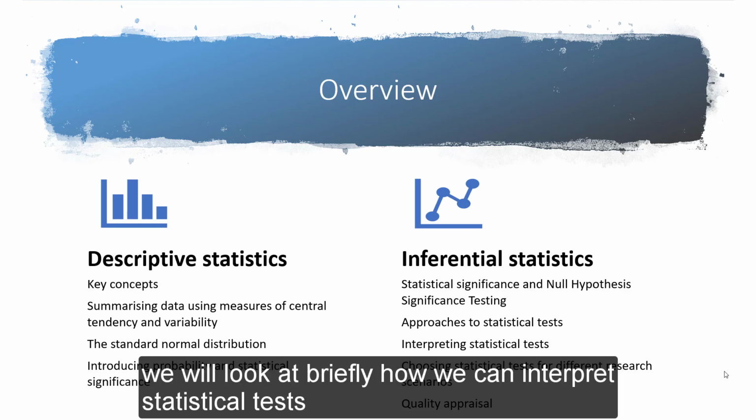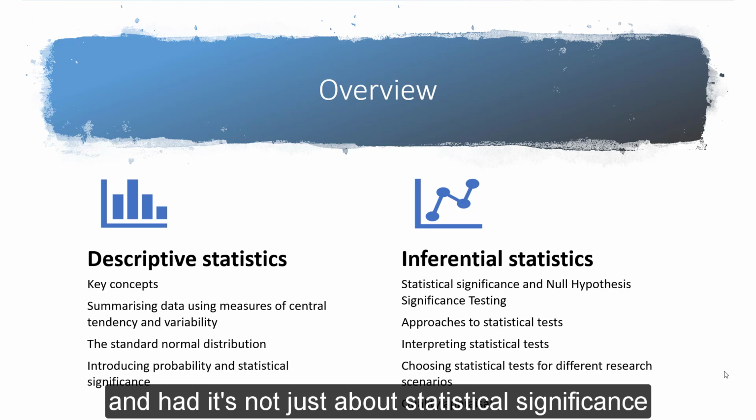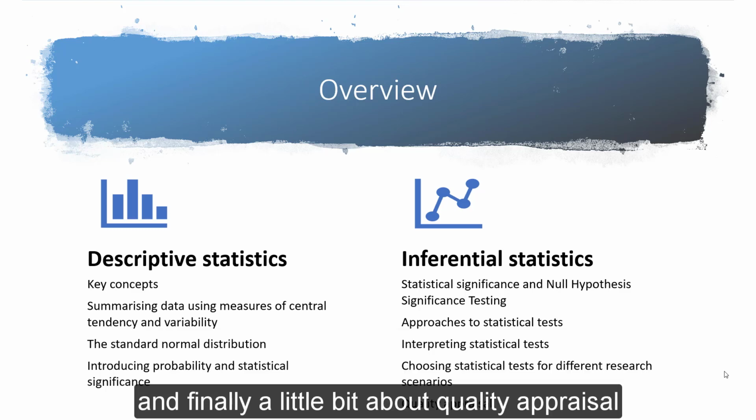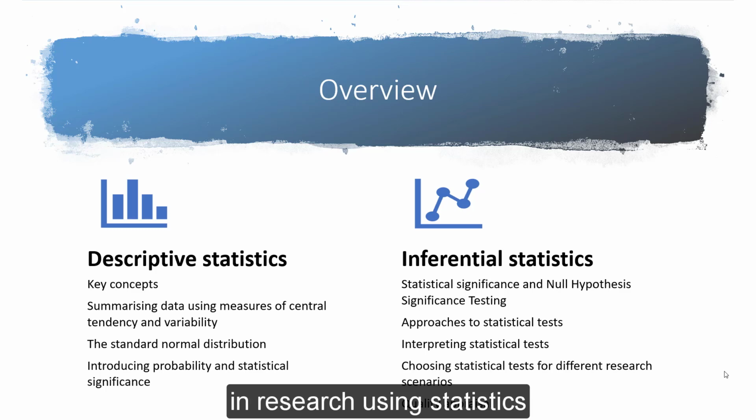We'll look briefly at how you can interpret statistical tests and how it's not just about statistical significance. And we'll look briefly at the ways that you choose between different approaches, statistical testing in different research scenarios. And finally, a little bit about quality appraisal in research using statistics.